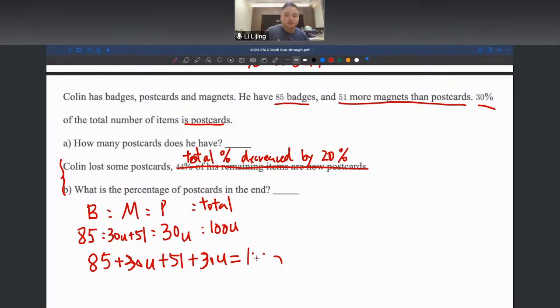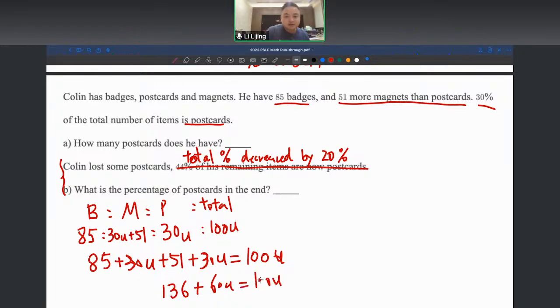If you shift a bit, you can see that 136 plus 60U equal to 100U.